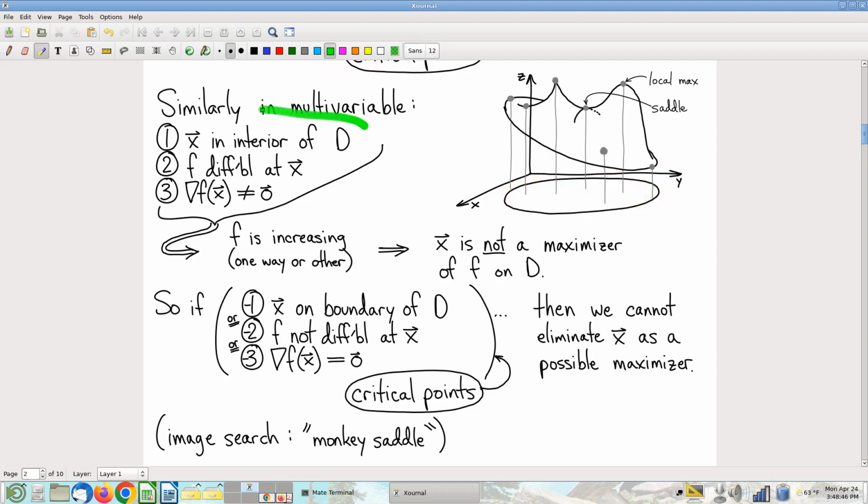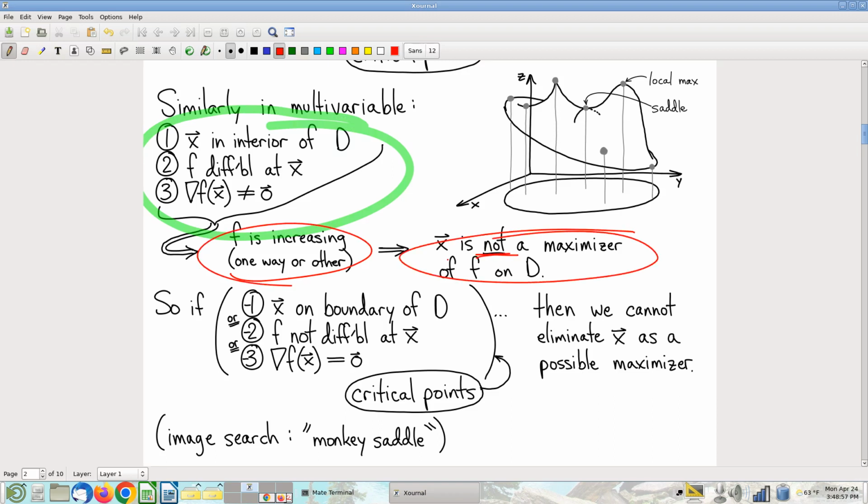If you have a point that satisfies these three criteria, then I claim the function is in the process of increasing and therefore could not possibly be what we are looking for. Let's see some specific points. So in fact, let me get back to the green just to be consistent. Let's look at this point right here, for example.